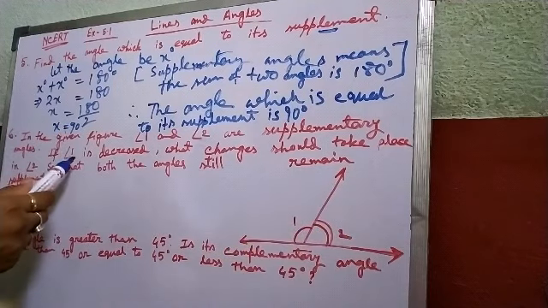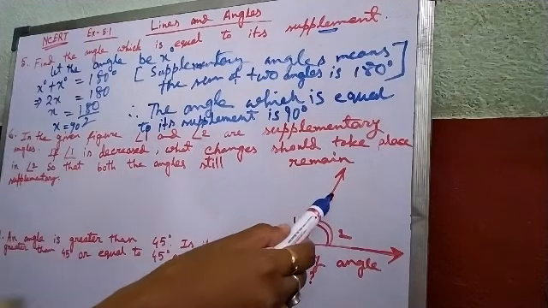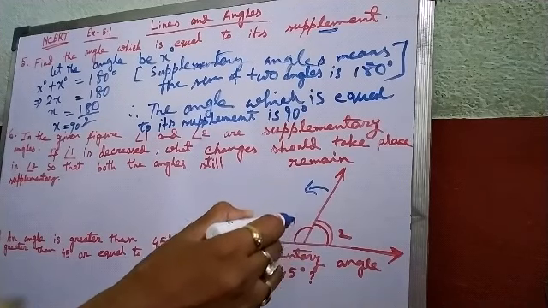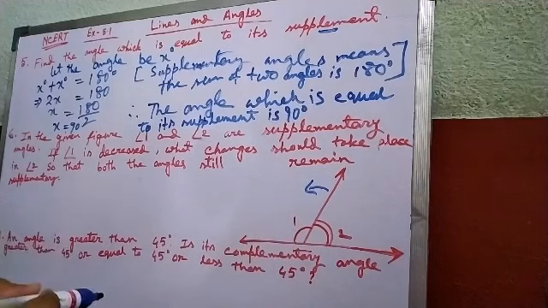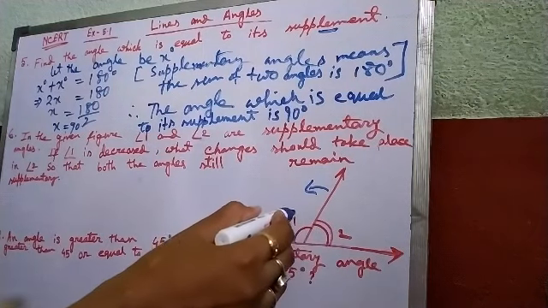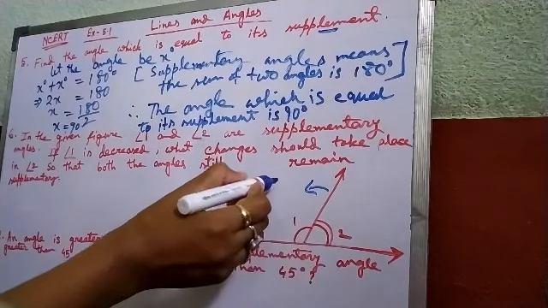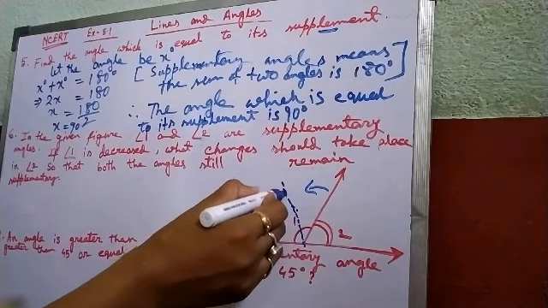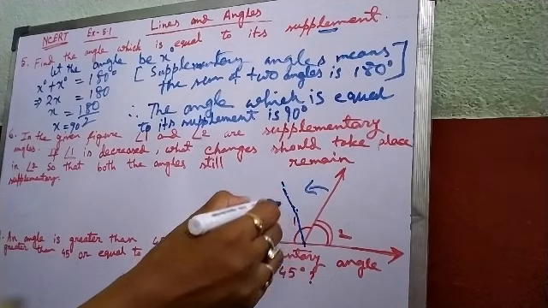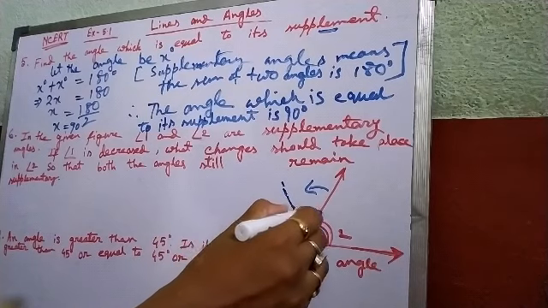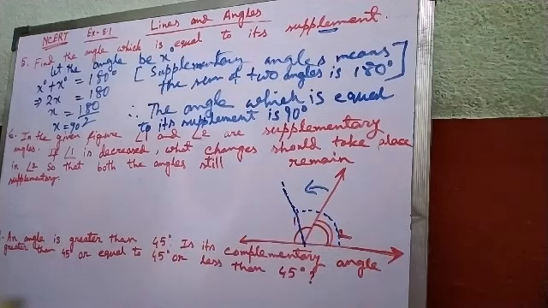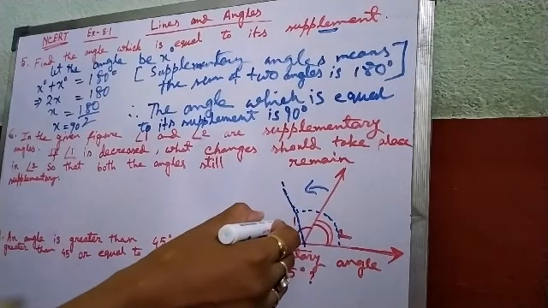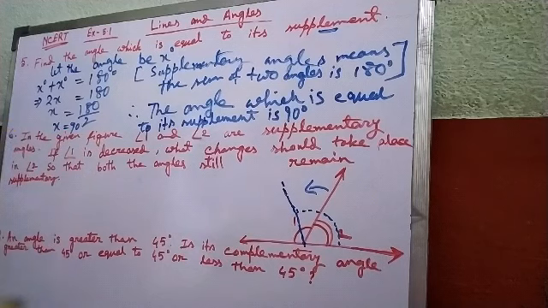If angle 1 is decreased, this will come to this side. Then automatically angle 2 will be increased. So automatically angle 2 will be increased if angle 1 is decreased.